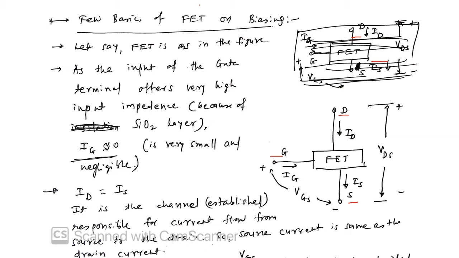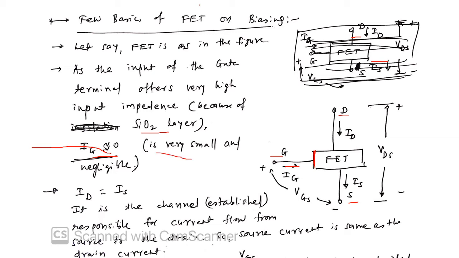Now, in any FET, on the input side there is an insulating material, an SiO2 layer, very thin though, that offers very high input impedance, so that the current Ig entering the gate terminal is almost zero.